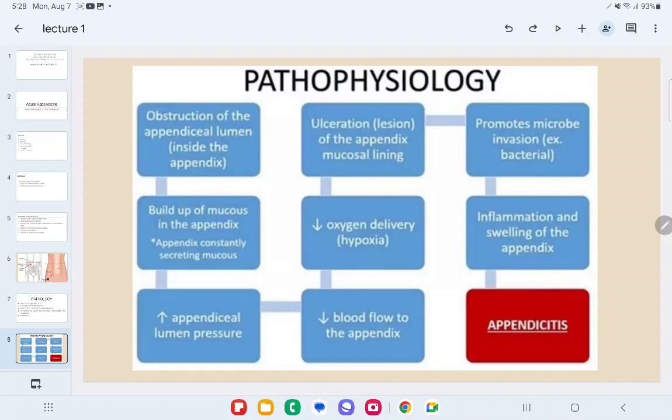Oxygen delivery will be less, and the tissues will be hypoxic, and this will lead to ulceration of the appendiceal mucosal lining, which eventually will promote microbial invasion, and at the end, inflammation of the appendix will appear.